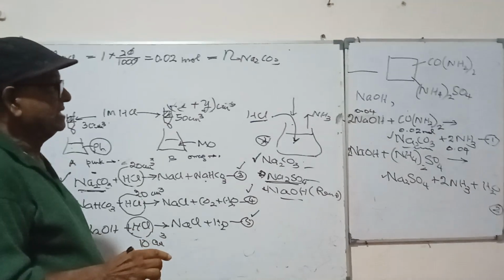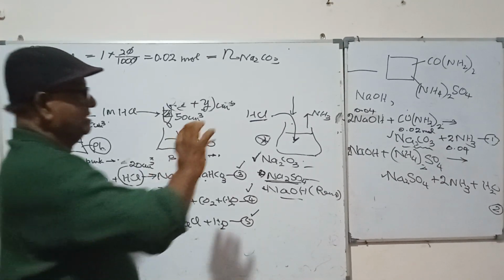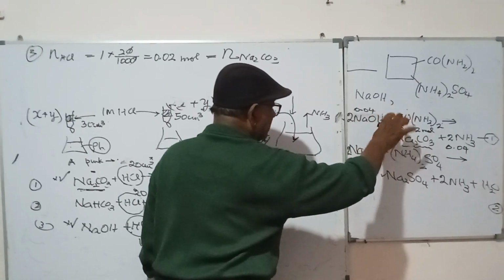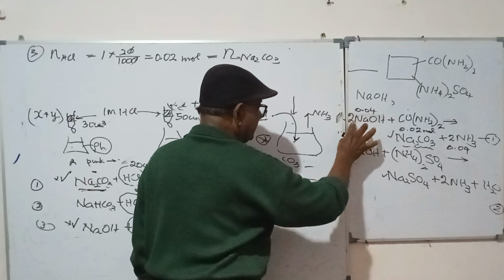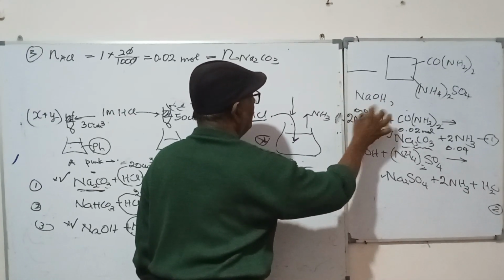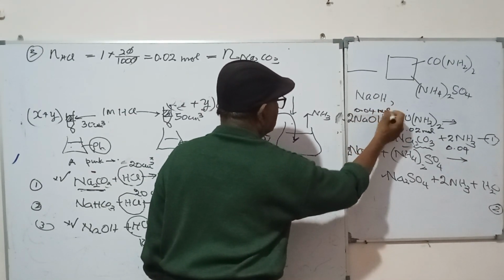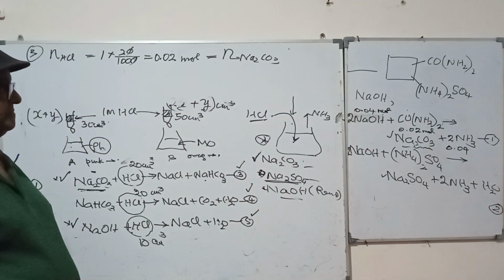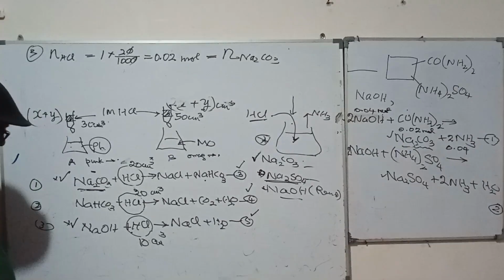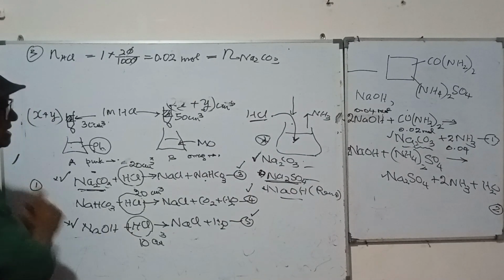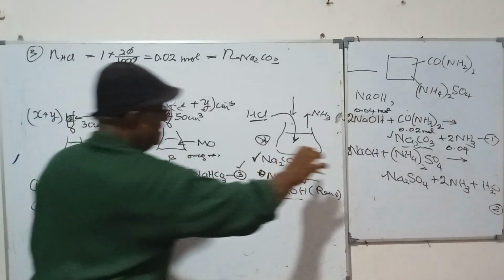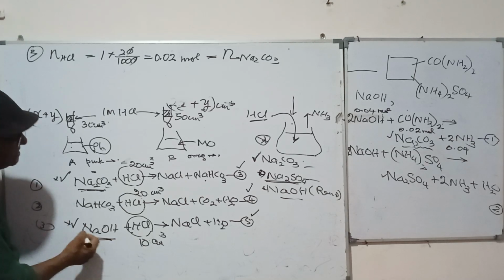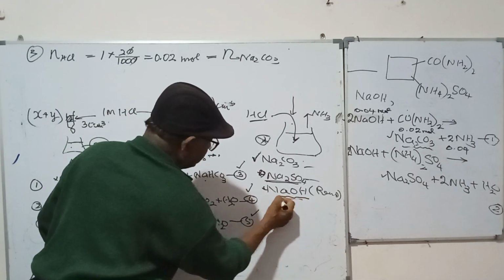For the first reaction, to be reacted with urea, 0.04 moles of sodium carbonate was reacted. Then NaOH, it is not this amount, no. That sodium hydroxide was the remaining sodium hydroxide.